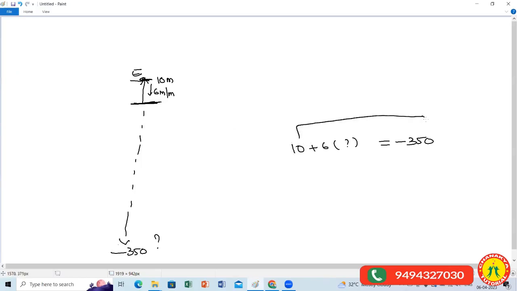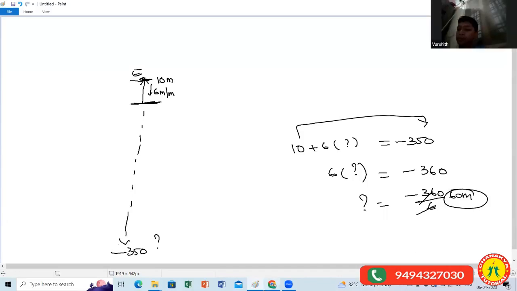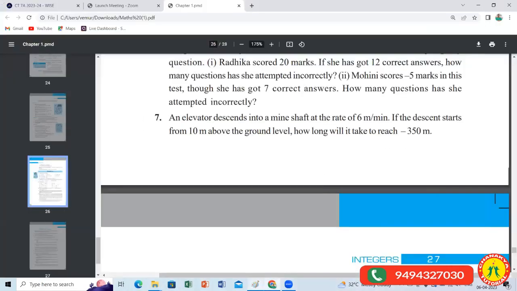This 10 meters, if you transpose to the other side, it becomes 6 into what number makes minus 360? So if you want to find out, minus 360 by 6, it takes 60 minutes to reach minus 350 meters, students. That means 1 hour. Yes, 60 minutes, 1 hour.